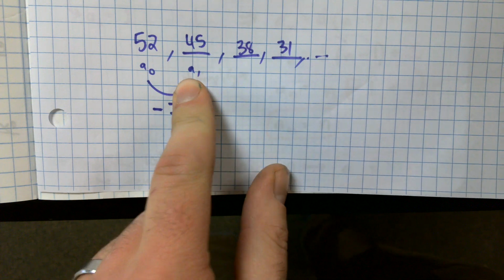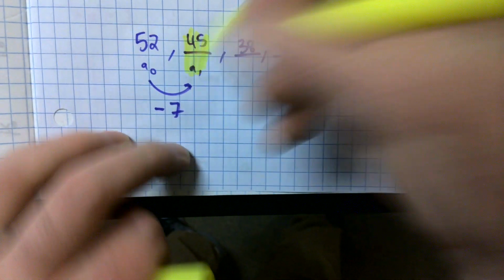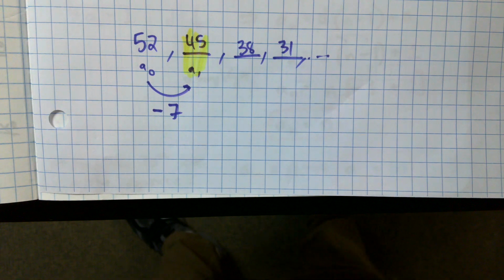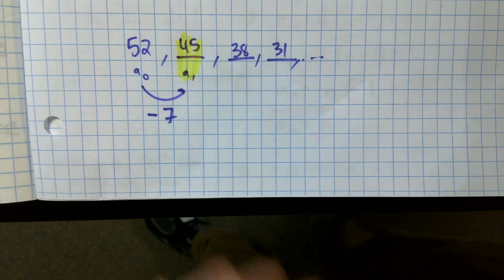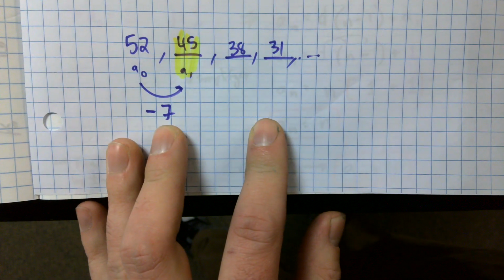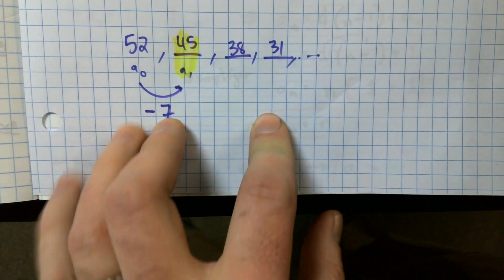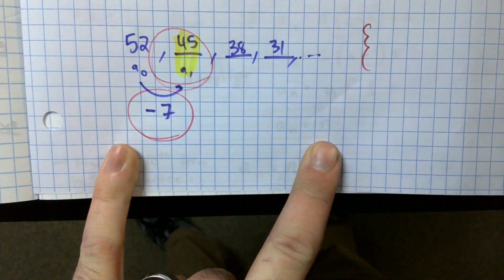So a sub 1 is what I need to write a recursive formula, right? So all this back work, which we don't necessarily have to know how to do, but it's good to kind of extend all this learning, got me to a sub 1, which is 45. Okay? So if I want to write the recursive formula, I know that d is negative 7. I know that a sub 1 is 45.